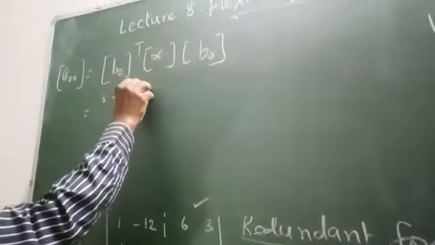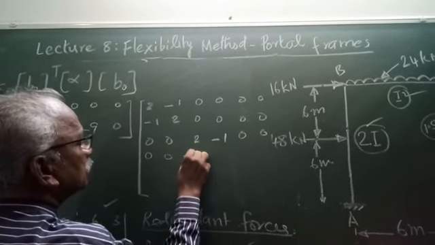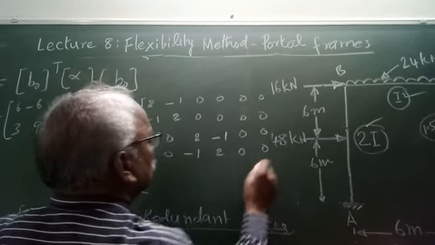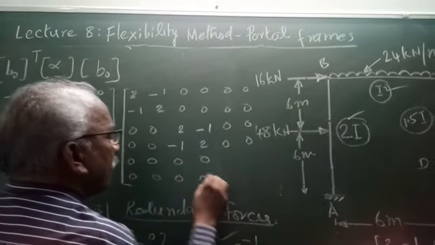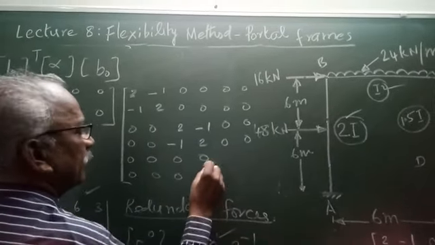Alpha is 2 minus 1 minus 1 2 0 0, minus 1 2 minus 1.